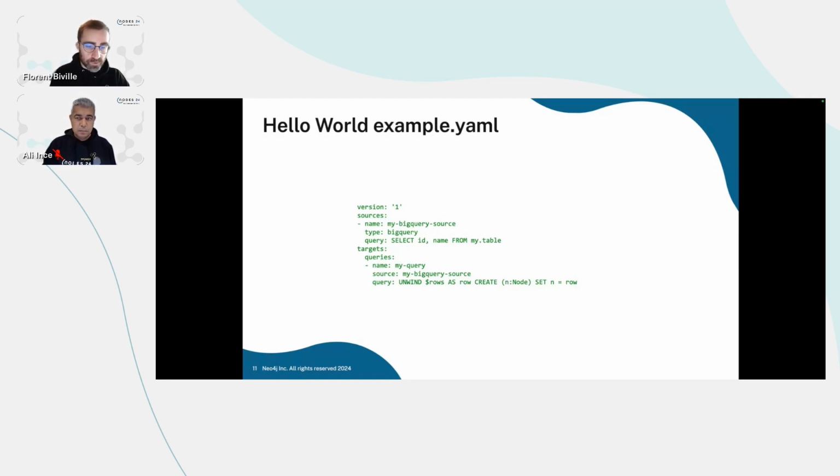But in that case, you can assume that this $rows is the current batch of data and is predefined. That way, that query will be executed as many times as there are batches of data from the source to consume. We'll iterate over each row, and for each row, we'll create a node with a simple label and then the attributes that are part of that row. That's basically the simplest import we could define with the spec.